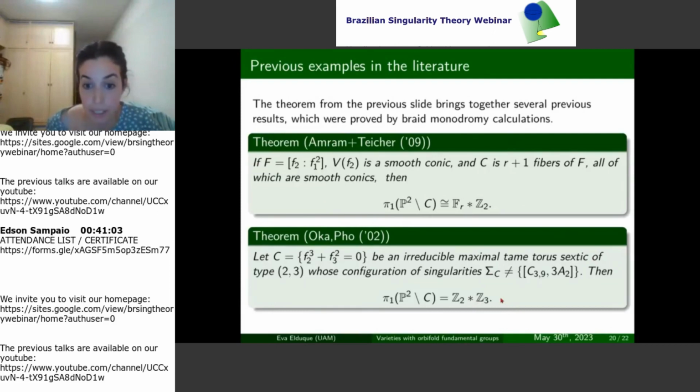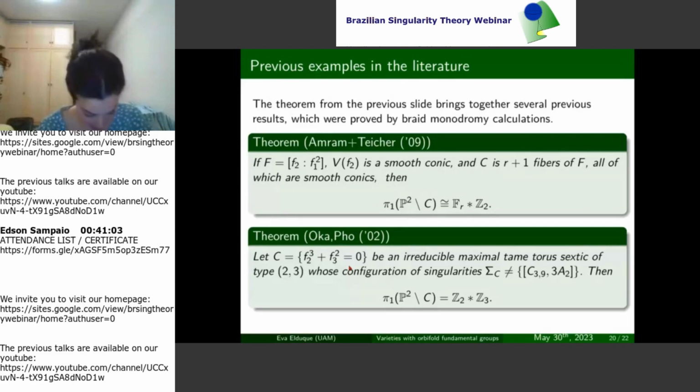And the reason for that is, well, they do braid monodromy calculations with explicit equations. But for us, we just need to check that whatever curves they give are generic members of the respective pencils generated by the conic and the cubic. So it's easier to check that these are generic members than it is to compute the fundamental group.